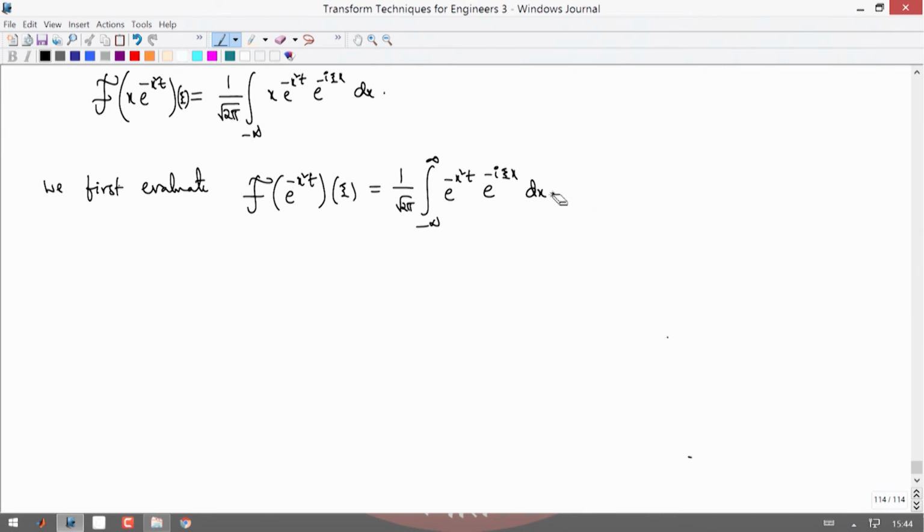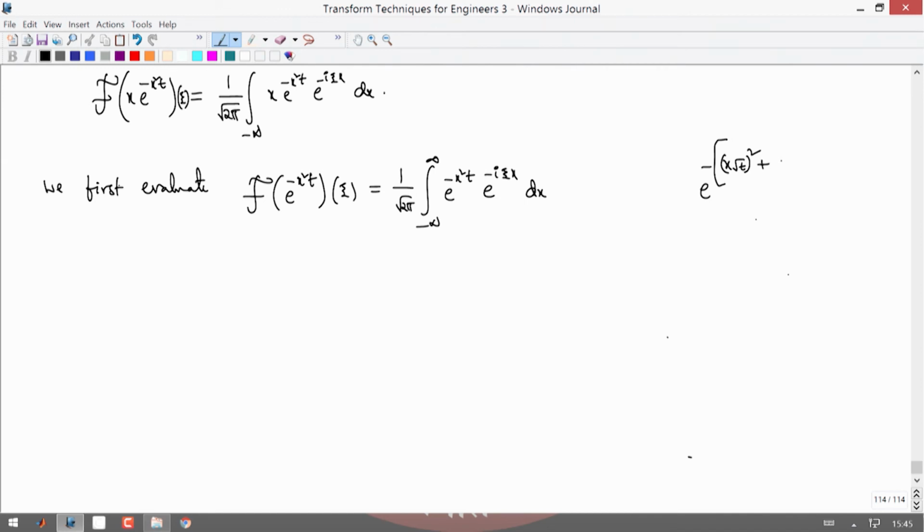So, how do I do this now? I try to put this in the form of e power minus something square. So, how do I put this like that? You have e power minus x root t, this is square, and you have plus xi x.